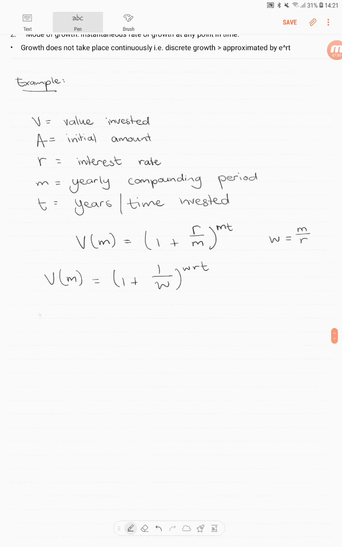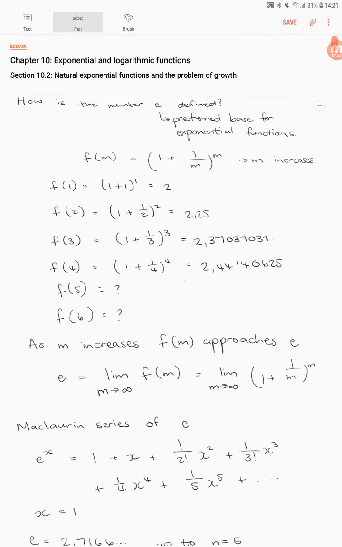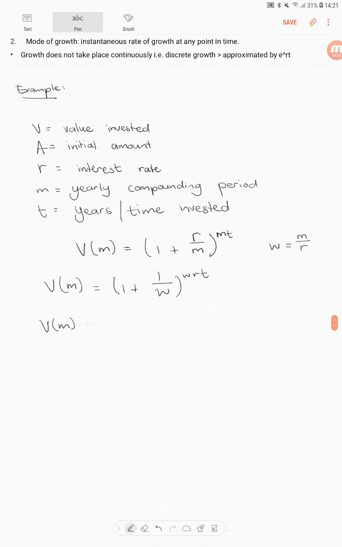So this function V of m is this f function. You see it looks the same. So the limit as m approaches infinity of V of m will be equal to A e to the power of RT.